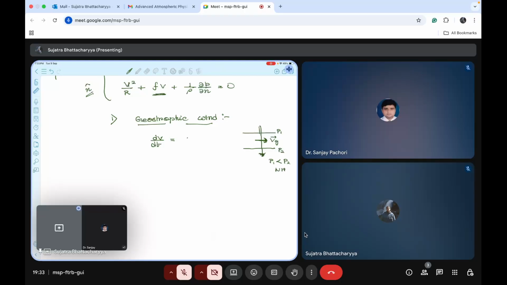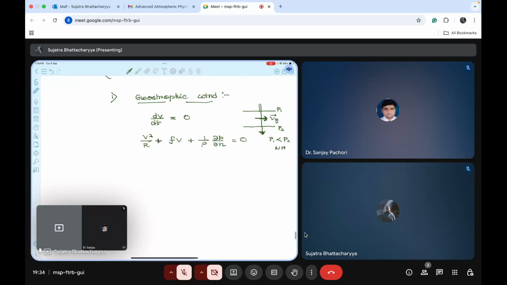So dV/dt is 0. But V²/R plus fV definitely, and there is a pressure gradient in the normal direction, normal to the direction of the motion. So this is equal to 0. But these isobars are straight isobars. That is, no curvature is there.